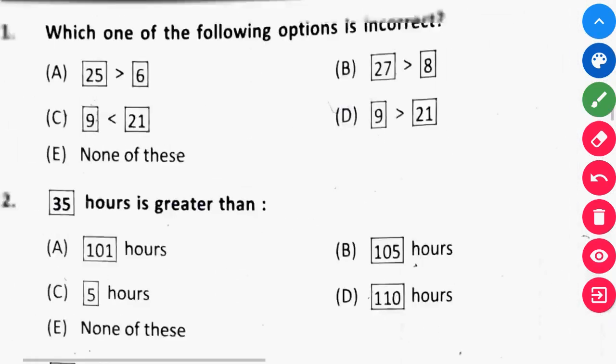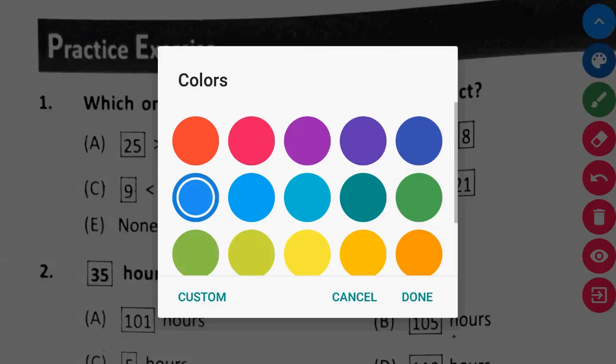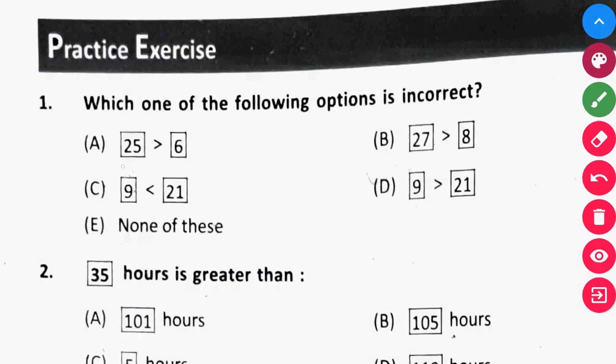Our very first example: which one of the following is incorrect in the given options? Now, 25 is greater than 6. It is true because 6 is smaller and 25 is the greater number. So this statement is correct, but we have to find the incorrect statement. 27 is greater than 8.